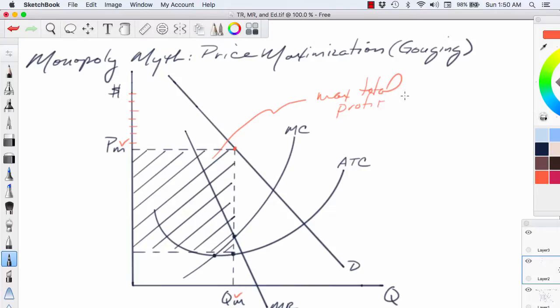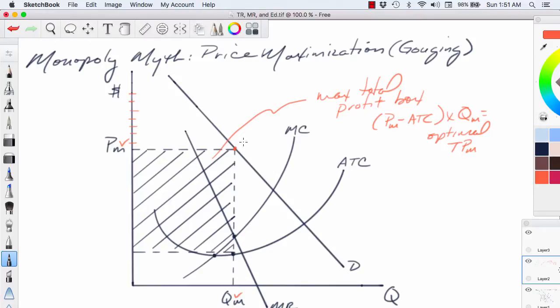And remember, profit is price minus ATC times Q. Well, if we're at the optimal price and the optimal Q, then we have to be at the maximum total profit box. So total profit is maximized.